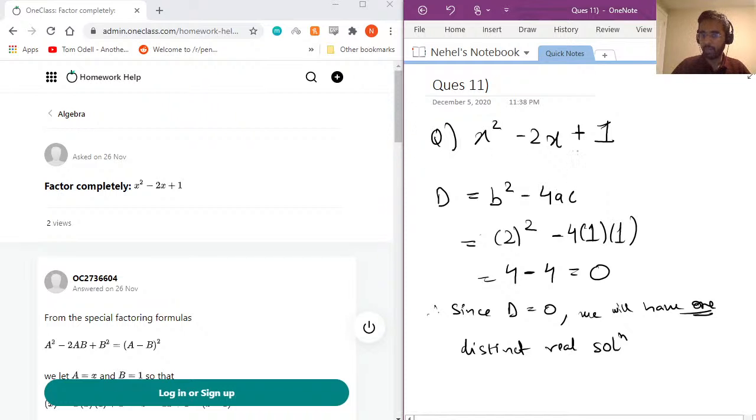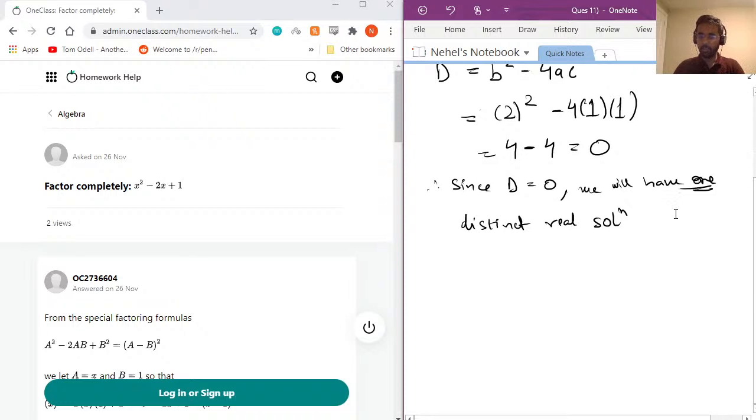Okay, keeping that in mind and looking again at the equation, this is very similar to the equation of the form a squared plus b squared minus 2ab. If you look at a equal to x and b equal to 1, this completely matches it. And we know that this is nothing but equal to (a minus b) whole squared.